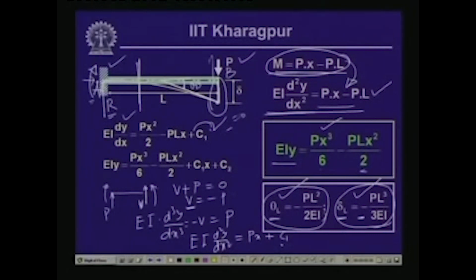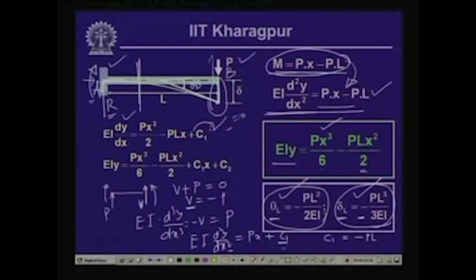Now, at this stage, if we would like to find the value of C1, we see that at x equals L, that means at the free end, the moment is equal to 0. If we substitute that condition, we get that C1 is equal to minus PL.